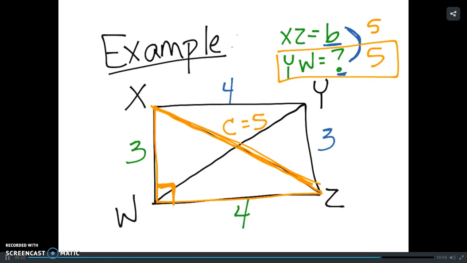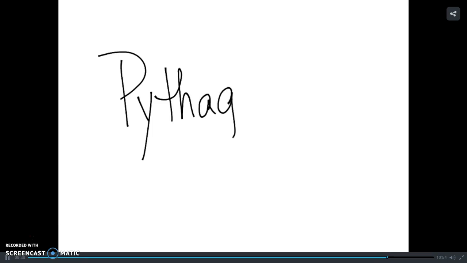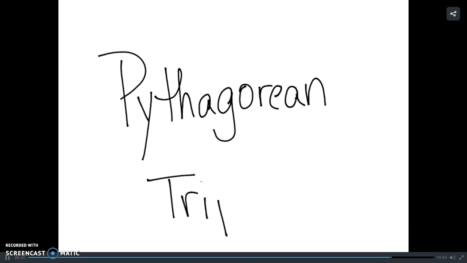Just so you know, there is a slightly faster way you can do some of these. You might be interested in looking up what are called Pythagorean triples. I'm going to write that out here. Pythagorean triples are going to be sets of 3 numbers, it's the word triples, that if you take the smaller 2 and you square each of them and add them together, you plug them into the Pythagorean theorem in essence, then you would get that third number.